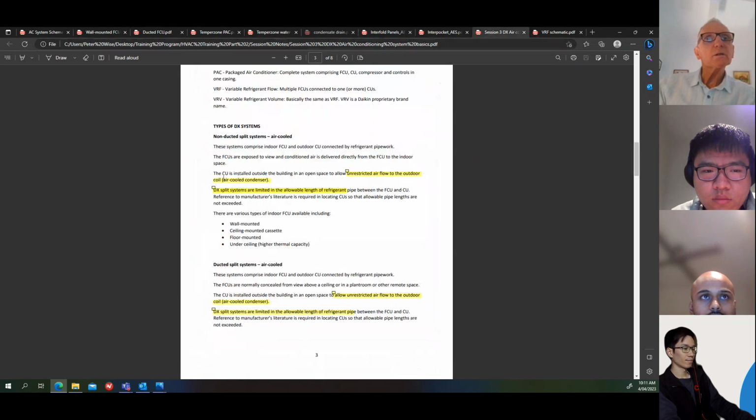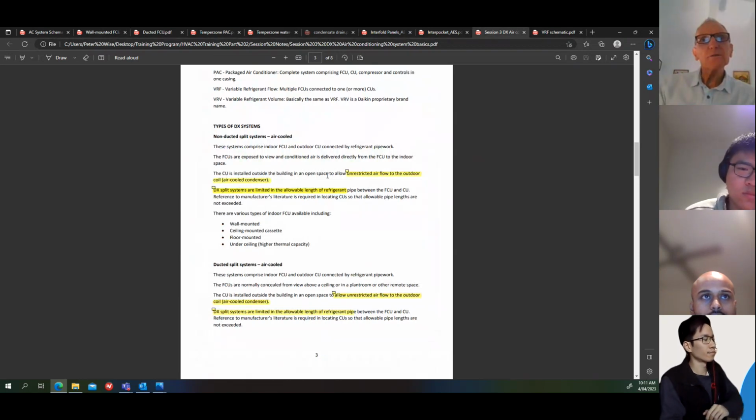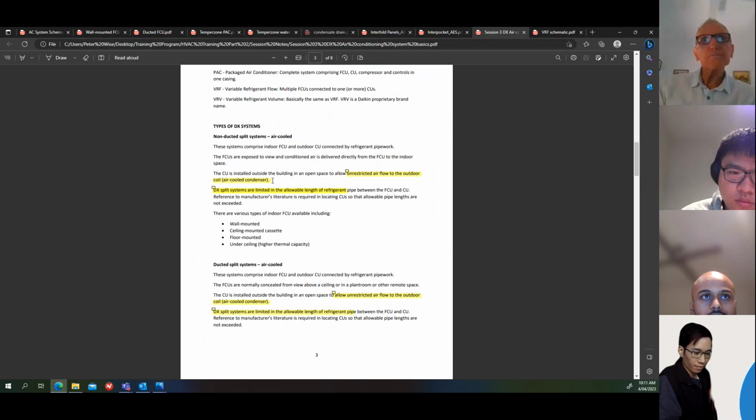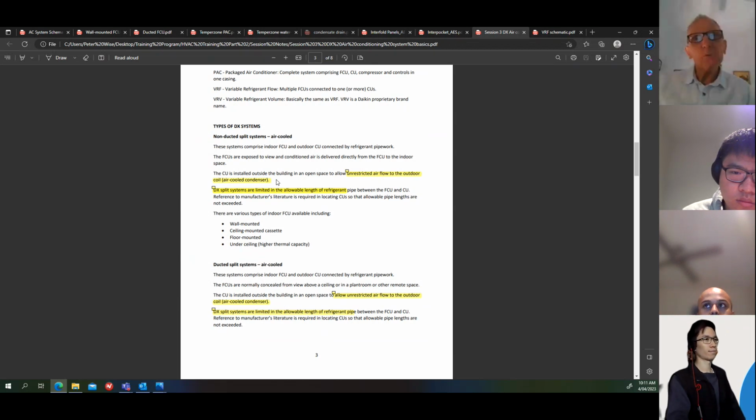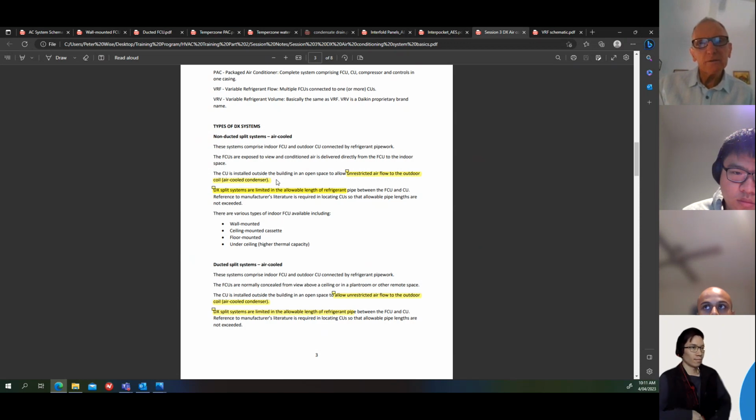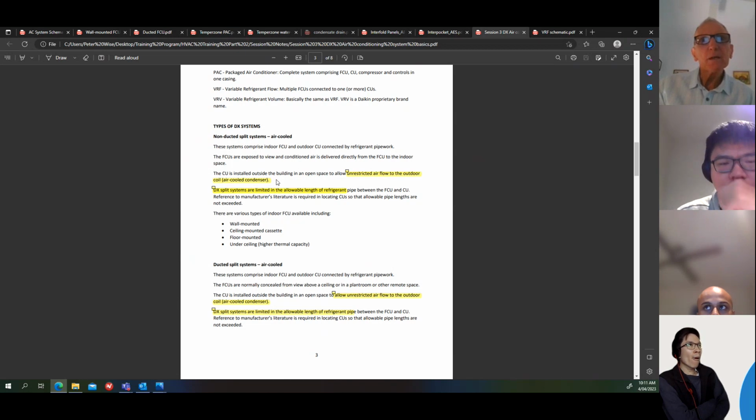Now, a couple of things to be aware of. The condensing unit is installed outside normally and should be outside the building in an open space to allow unrestricted airflow to the outdoor coil, in this case an air-cooled condenser. This is really important. Sometimes someone in the project team, such as an architect, might try and hide the condensing units so that nobody can see them.